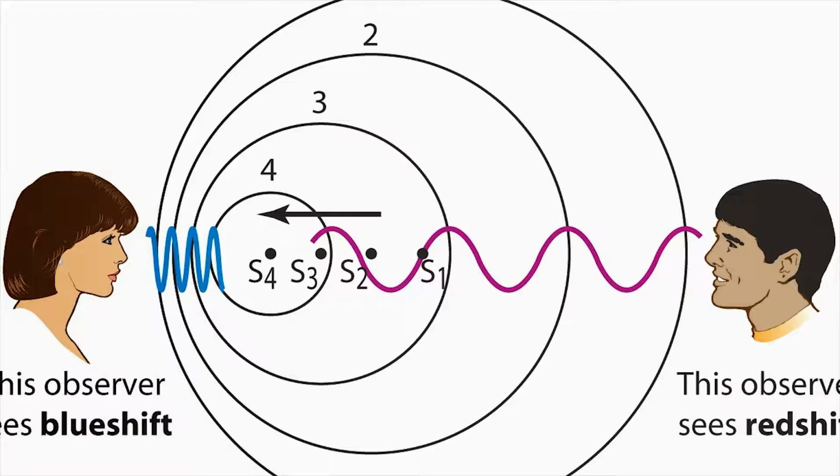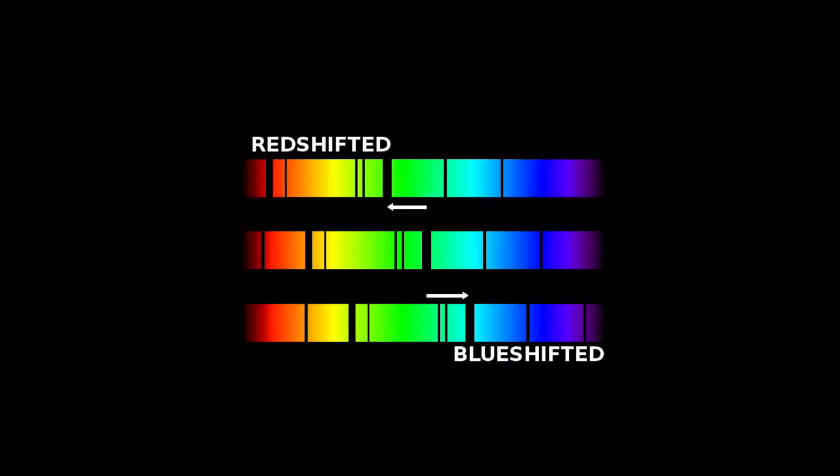From this shift, astronomers can deduce the radial velocity of an object and its movement towards or away from Earth. A blue shift indicates a movement towards Earth, while a red shift indicates a movement away from Earth.